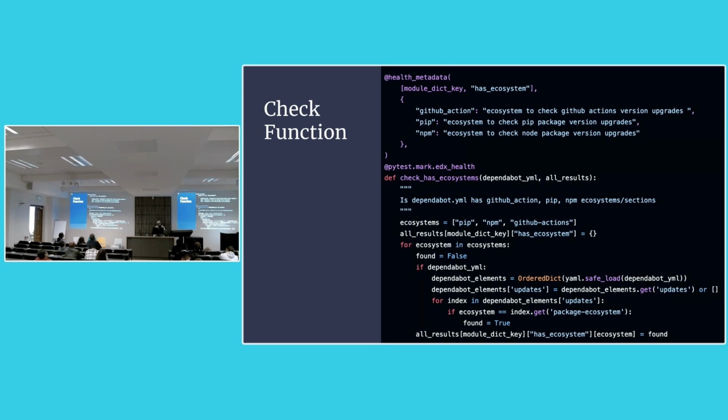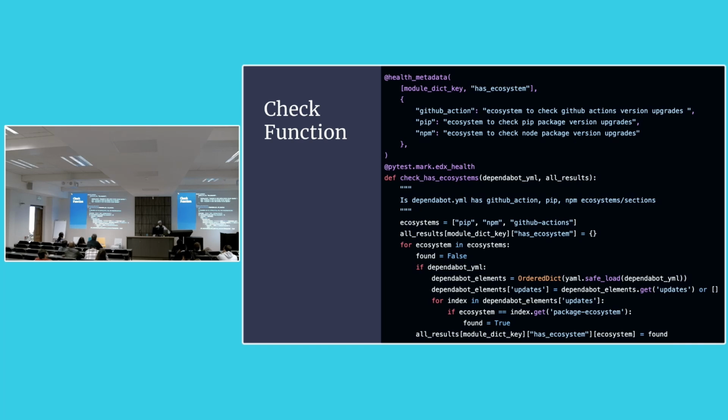You can see all results coming as a fixture, and the dependabot YML also coming as a fixture. So we write a fixture, so we can use the dependabot YML file. We don't rewrite the code for reading the file, and we create a fixture and create multiple checks using that fixture.